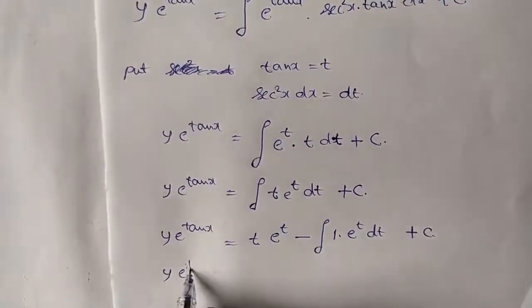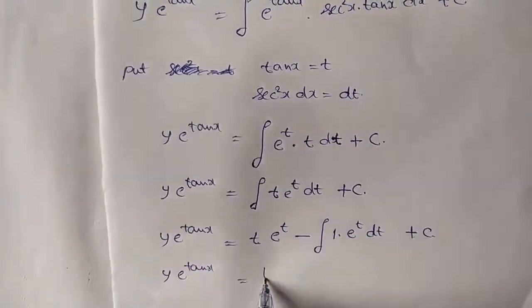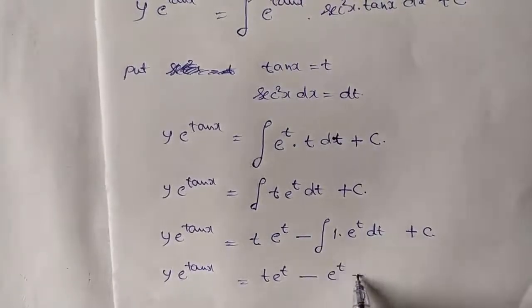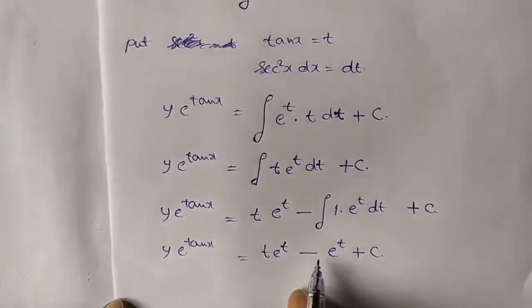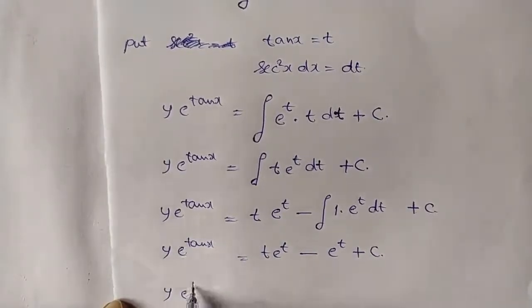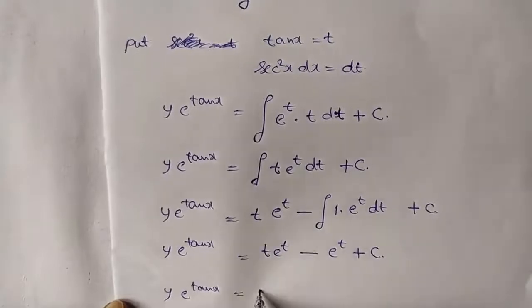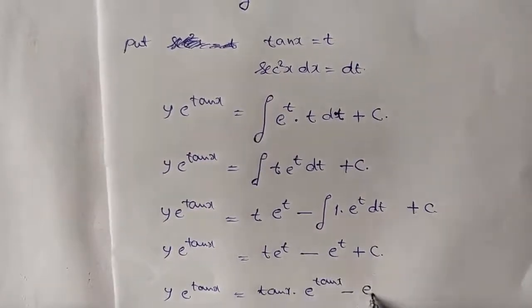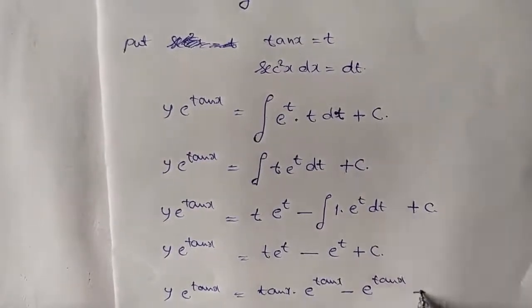So y into e power tan x equals t into e power t minus integration of e power t, which is e power t, plus c. Now t, what we have taken in the starting, is tan x. So y into e power tan x equals tan x into e power tan x minus e power tan x plus c.